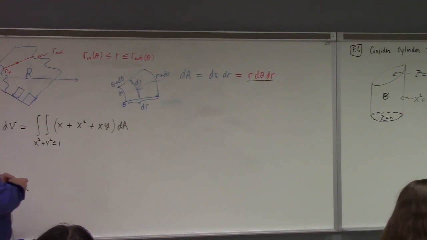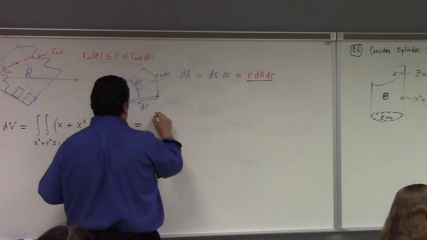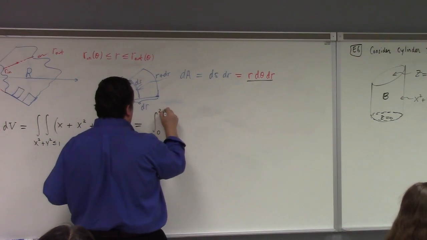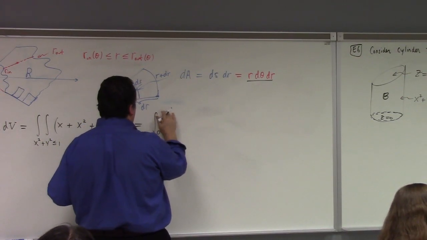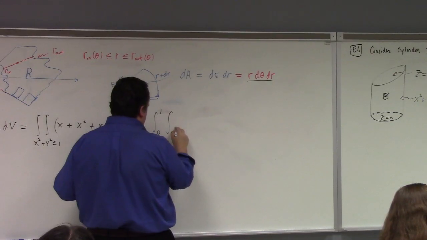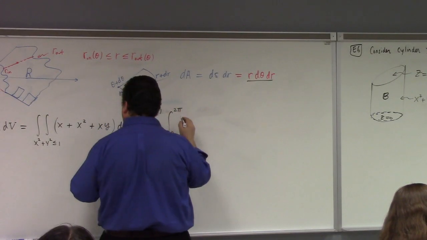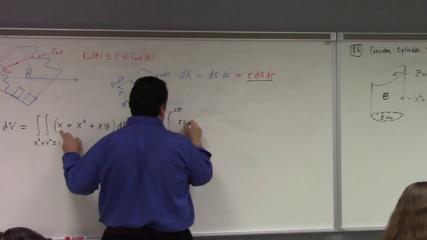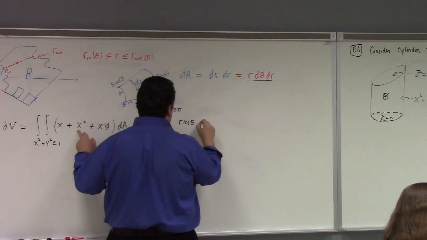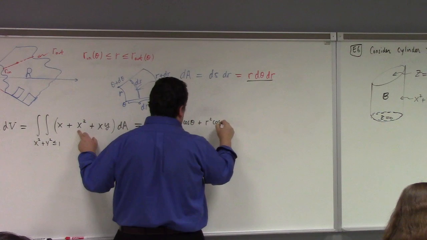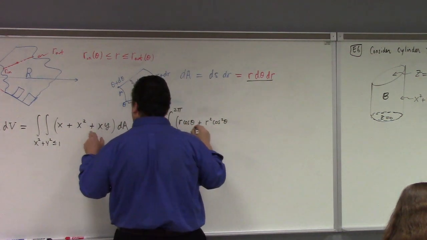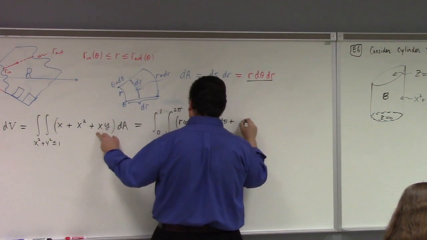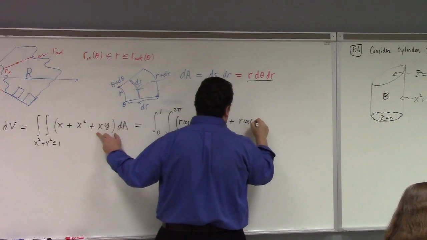Well, let me say 0 to 1 for r, and the integral from 0 to 2 pi for theta. Now x in polar coordinates is r cos theta. x squared is r squared cosine squared theta. xy is r cos theta, r sine theta.